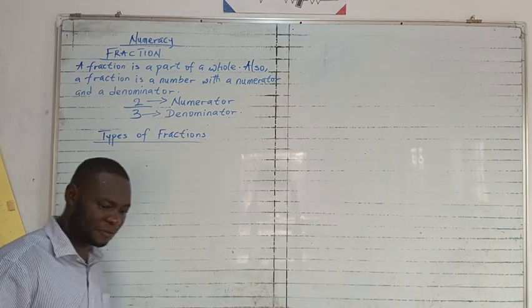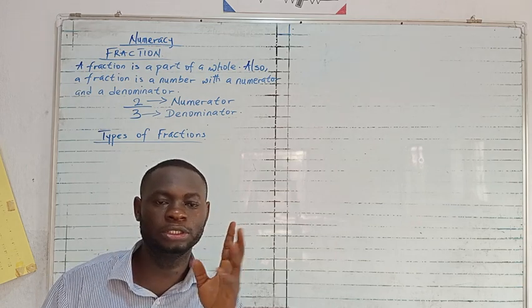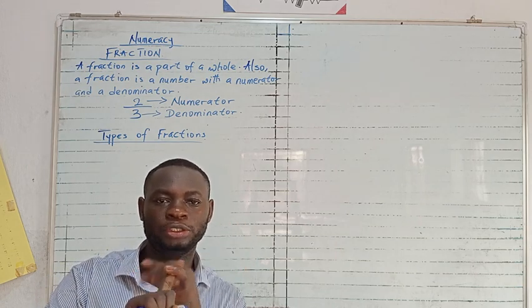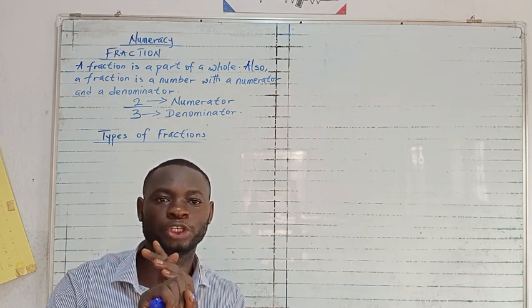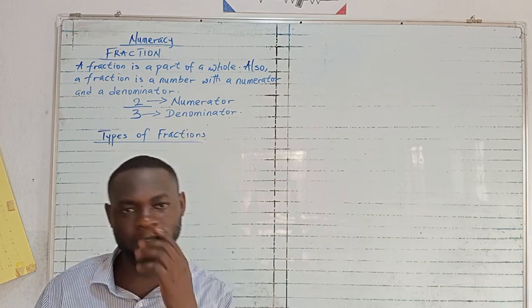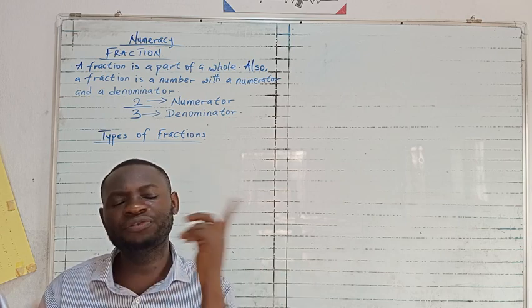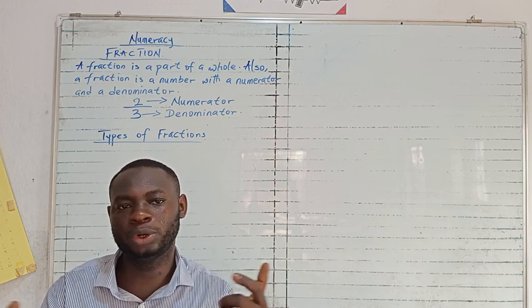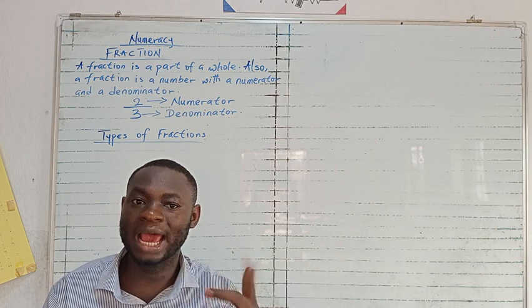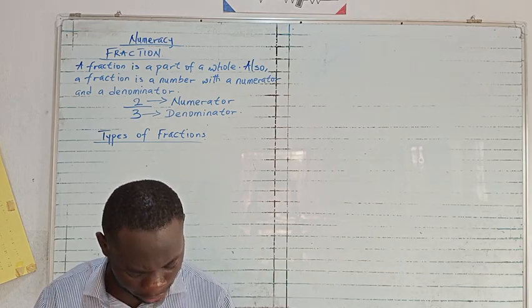Now let's look at different types of fractions. There are 3 major types of fraction. We have the proper fraction, we have the improper fraction, and we have the mixed fraction. These are the 3 major types of fraction. Then we can also compare fractions. Now, when 2 fractions have the same denominator, those 2 fractions are called like fractions. So we also take that into consideration.